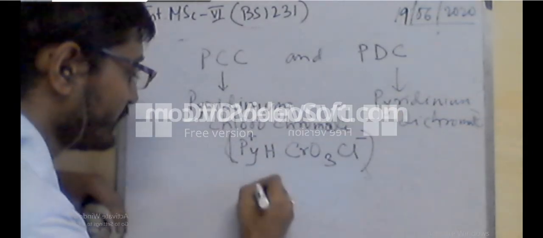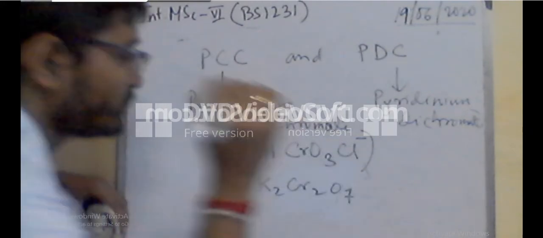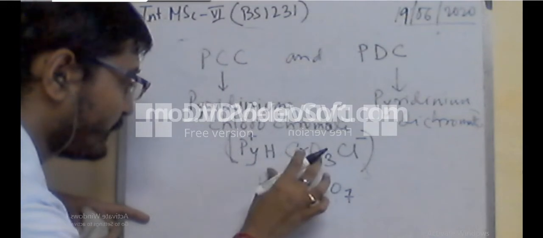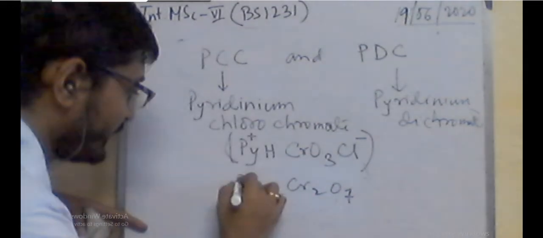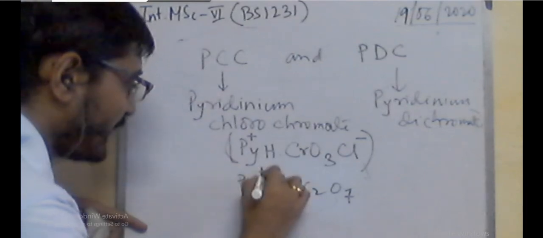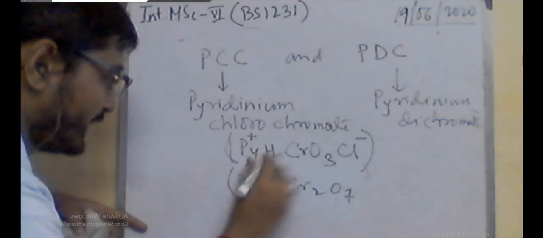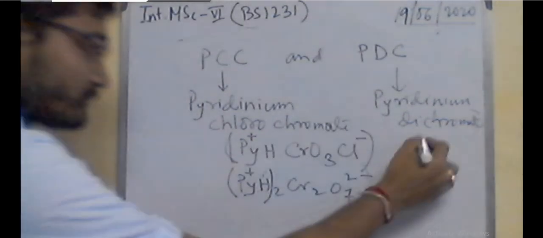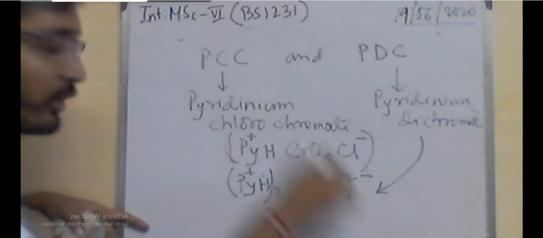So this is the PDC, that means pyridinium dichromate, just like potassium dichromate. So both the PCC and PDC can act as a controlled oxidizing agent. So is there any doubt in the chromium reagent oxidation? Who have raised their issues in the last class? Any doubt in the chromium reagents oxidation?